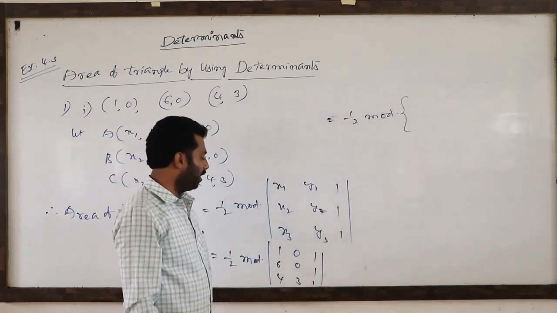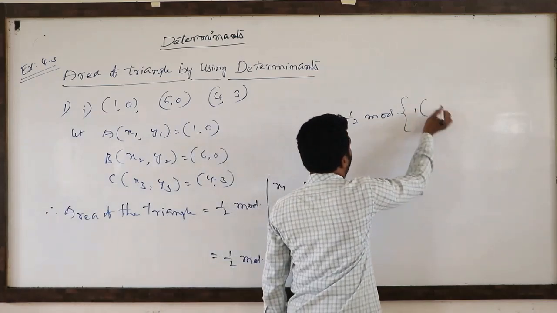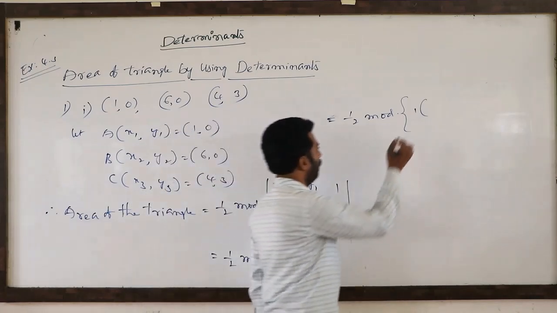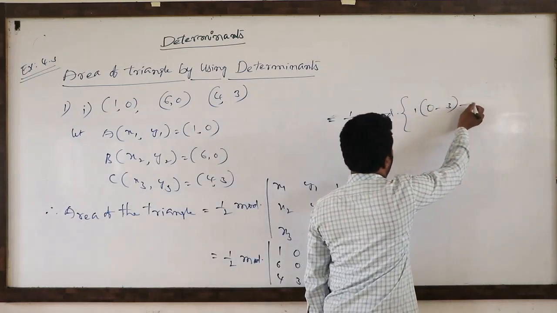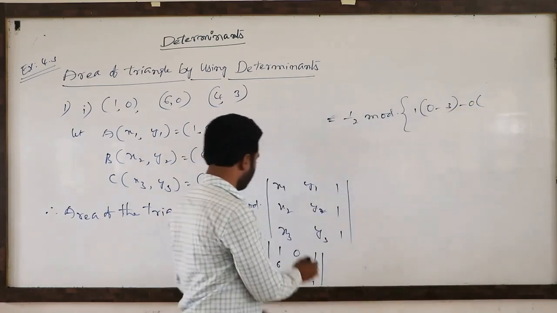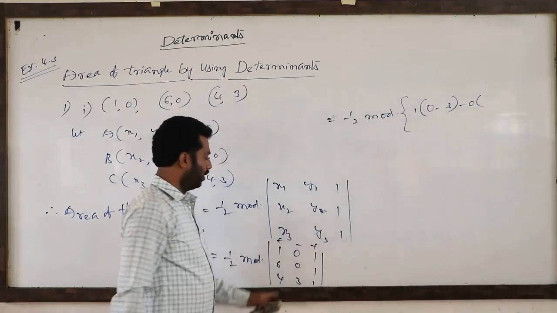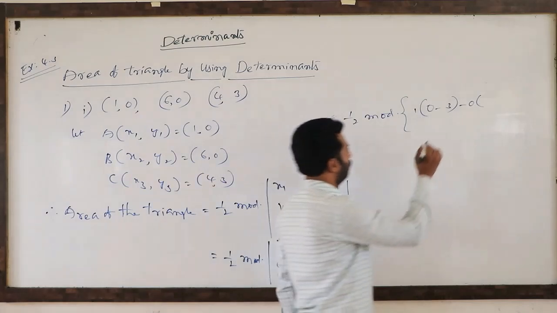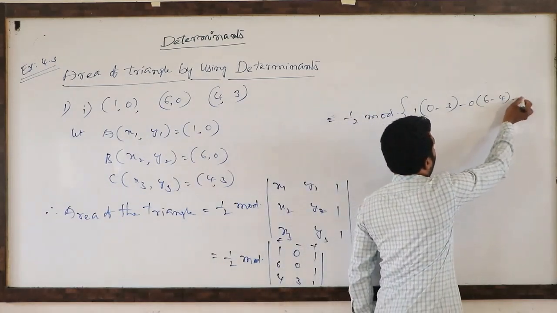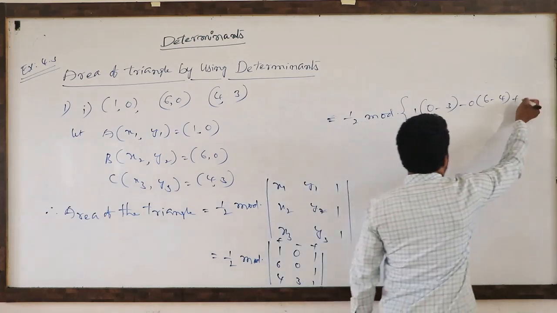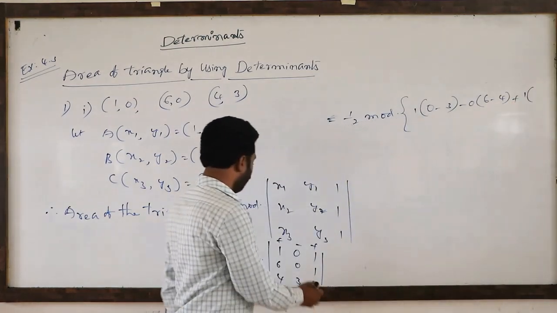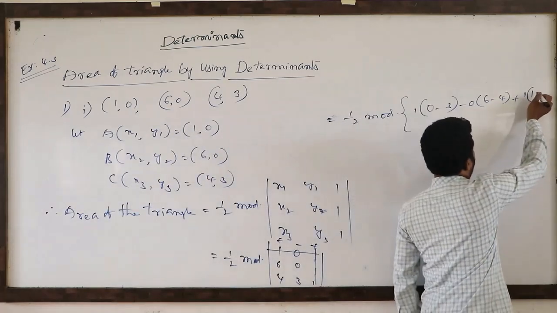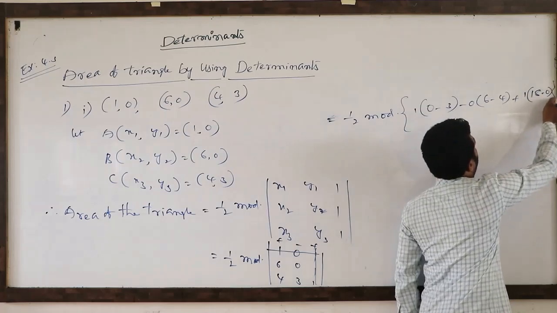We are expanding along the first row, that is 1 into, if I close this row and this column, 0 minus 3, minus 0 into, with signs plus minus plus, 6 minus 4, plus 1 into, if I close this column and this row, 18 minus 0.